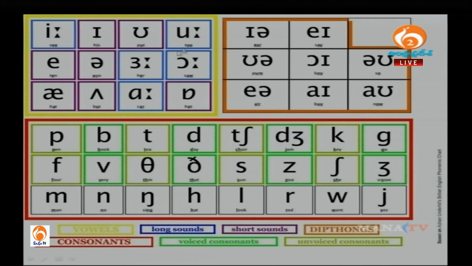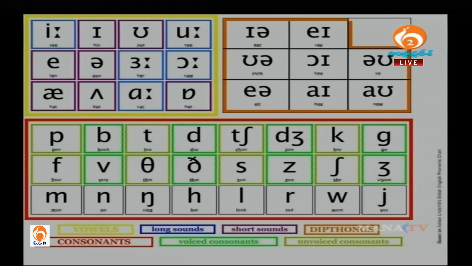The second sound on the slide is your B in the same block, and then we have T, D, Ch, J, K, G, F, V, Th, D, S, Z, Sh, J, M, N, N, H, L, R, W, Y.